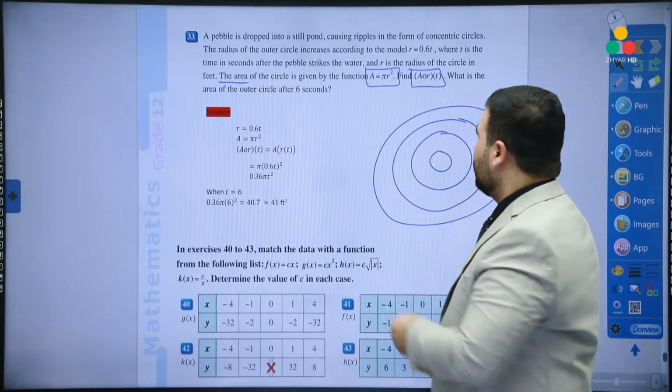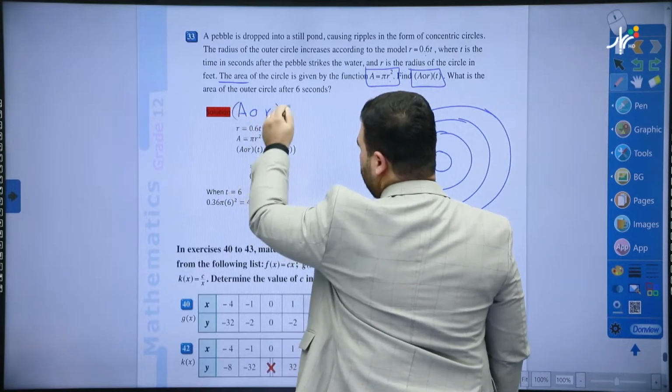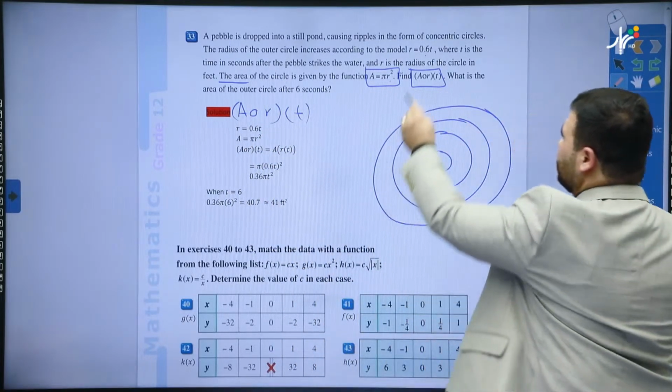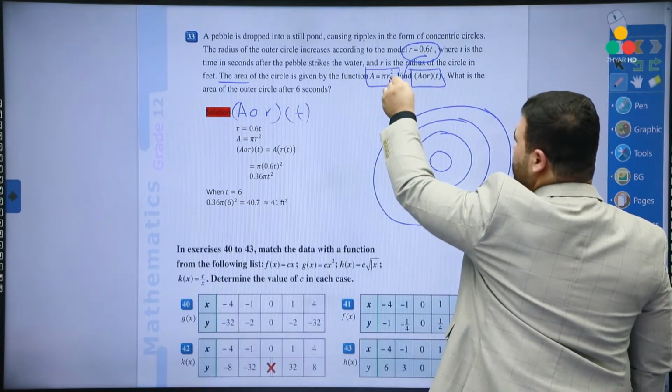Okay, firstly, in order to do A of r of t, this means we are going to put this value of r in place of this r.